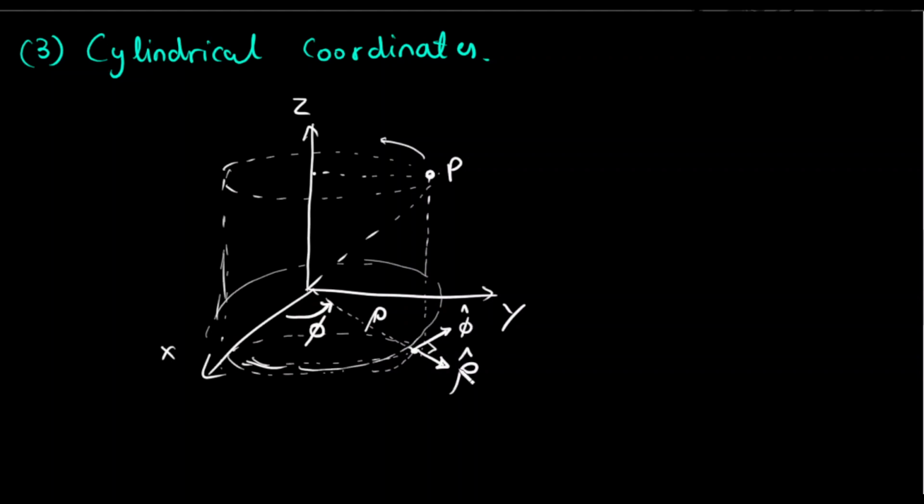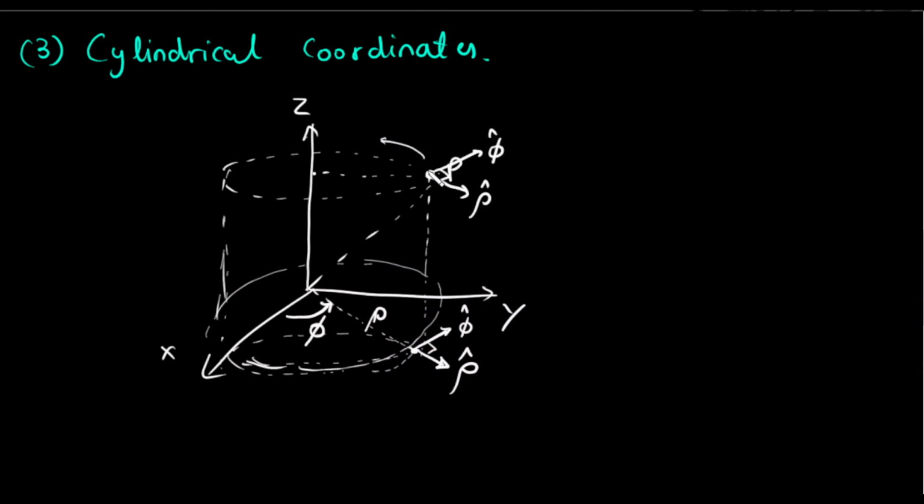So both these rho hat and psi hat are going to be perpendicular to each other. And now we can mark the rho hat and psi hat at this point. I have told you that the z axis can be changed, because when we use a cylinder, the height can be changed.